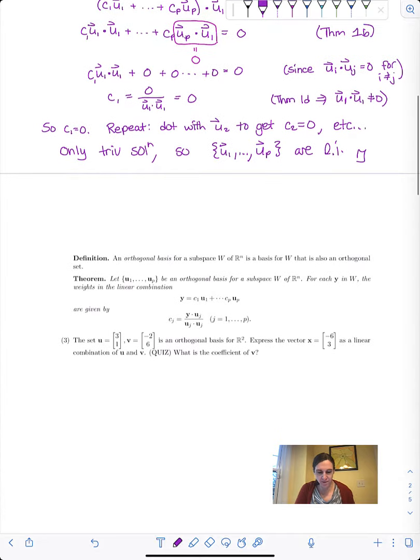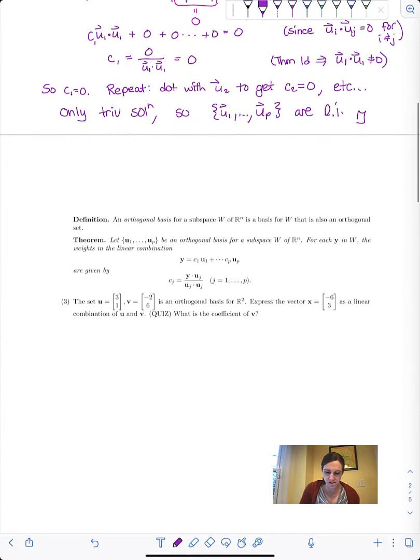So now that naturally motivates the notion of an orthogonal basis. An orthogonal basis is just a basis that also happens to be an orthogonal set. You could have a basis whose vectors are not necessarily orthogonal.